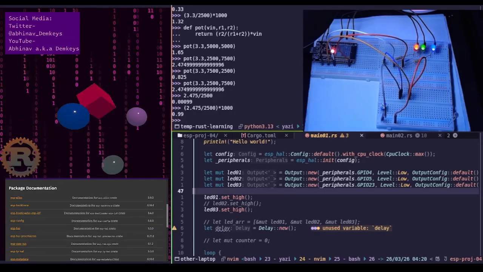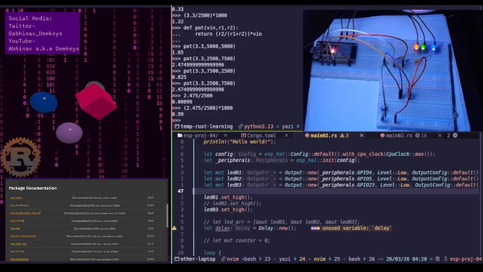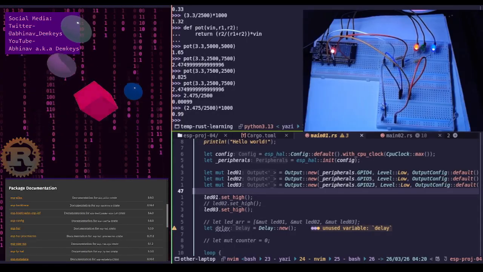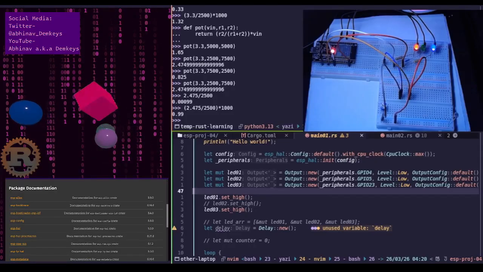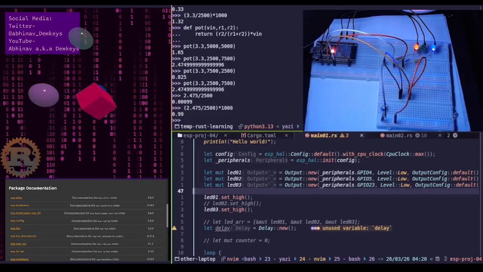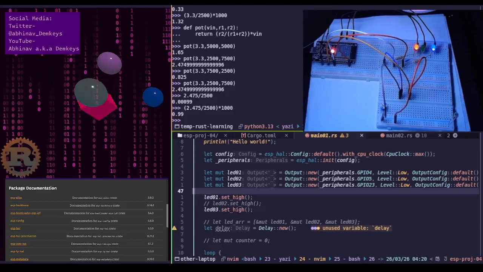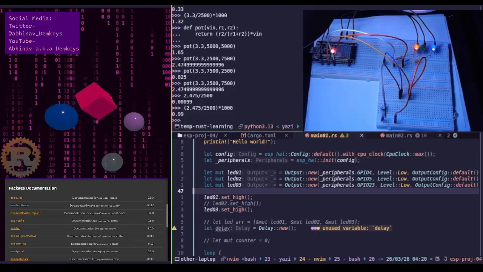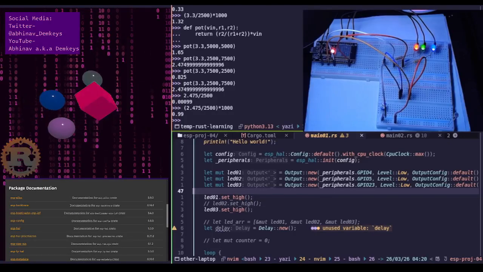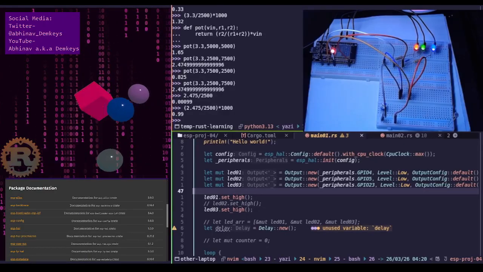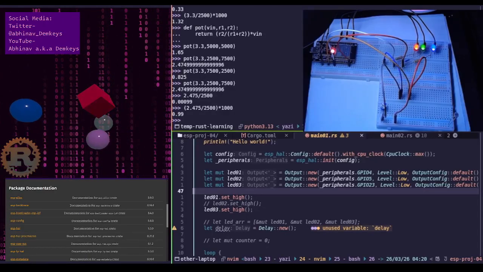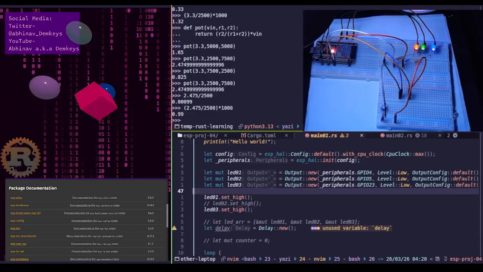Right. So in no STD Rust, likely using ESP-HAL, you'll notice that the ADC doesn't read 0 to 3.3 volts by default. The ESP32's ADC uses an internal reference voltage, usually around 1.1 volt. To read higher voltages, you have to configure attenuation.